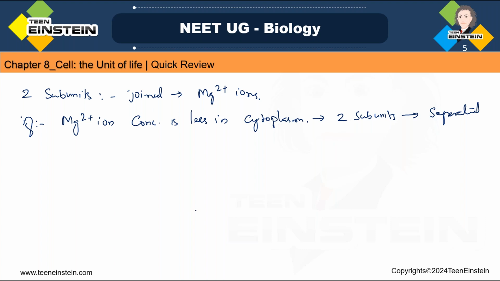If the Mg2+ ion concentration is less in the cytoplasm, both the subunits will get separated, and if the Mg2+ ion concentration is increased 10 times, then what will happen?